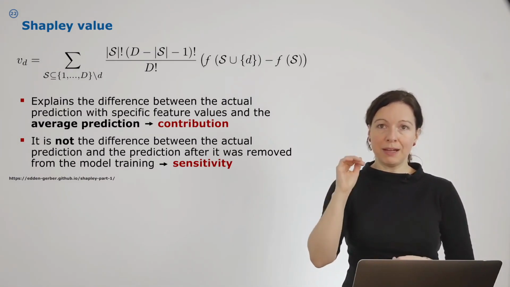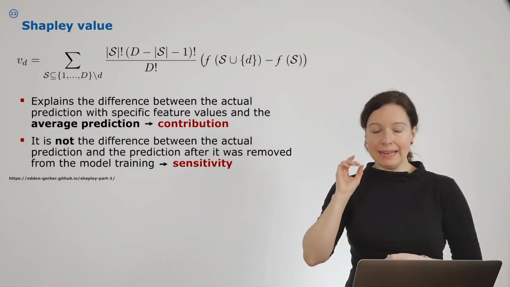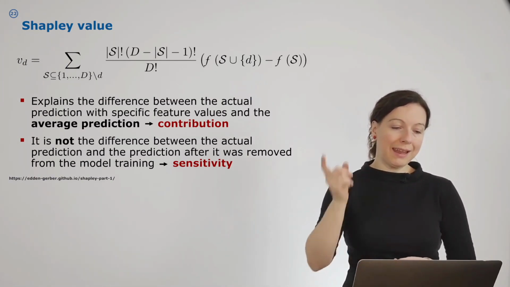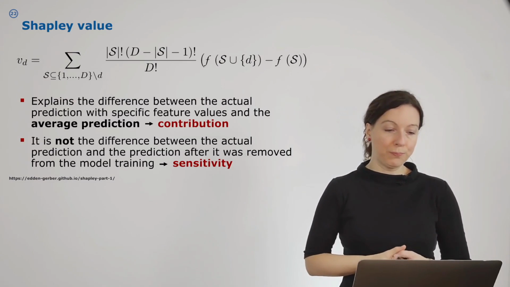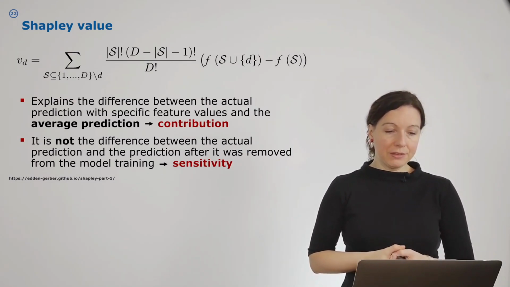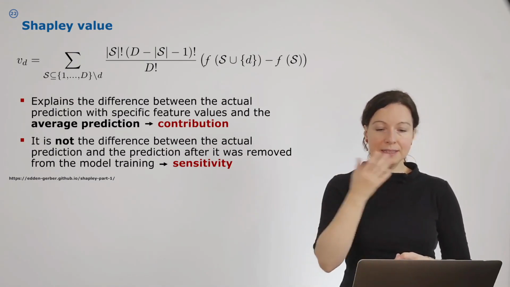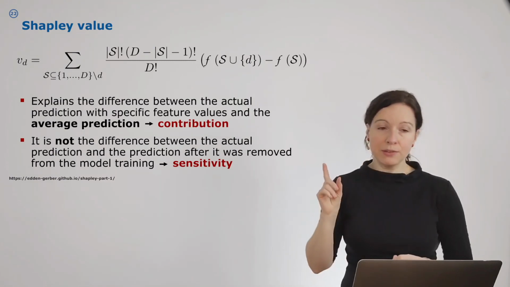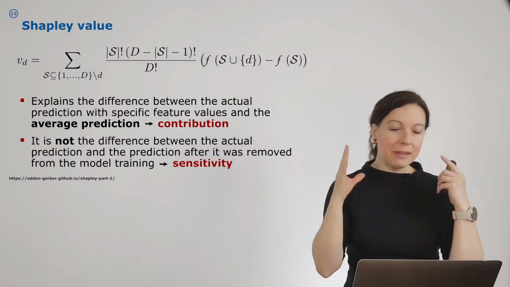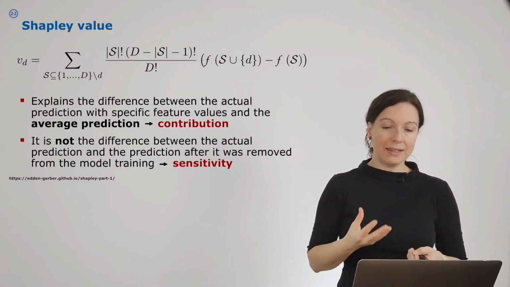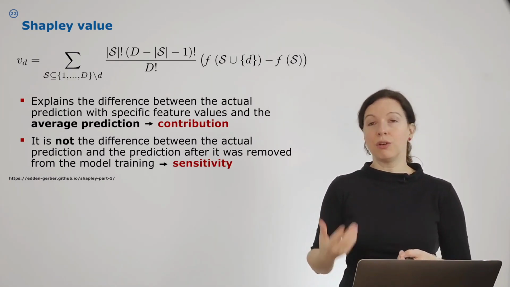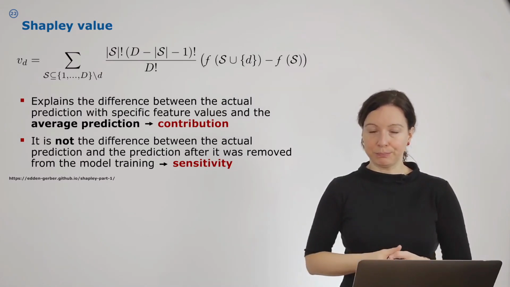So the crucial part here is the average prediction. It's not the difference between the actual prediction and the prediction after a feature was removed from the model training. So for the first one, it means the Shapley values answer the question why a specific prediction was reached in comparison to the average prediction.